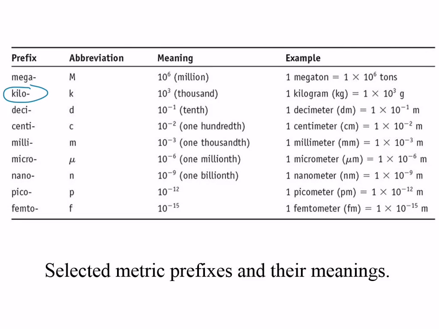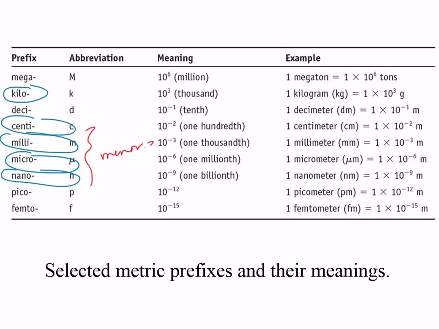Micro, centi, milli, and nano. Pico we haven't really had to use in my other classes. Nano I like because wavelengths of light are in nanometers. So memorize these: 3 little ones and 1 big one. Centi, milli, micro, nano, and kilo.